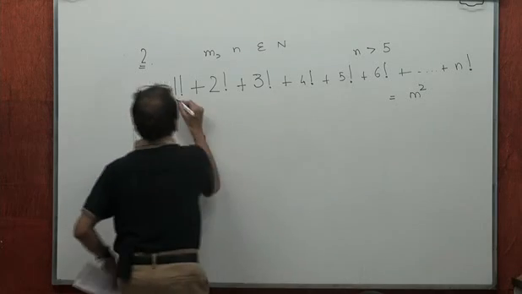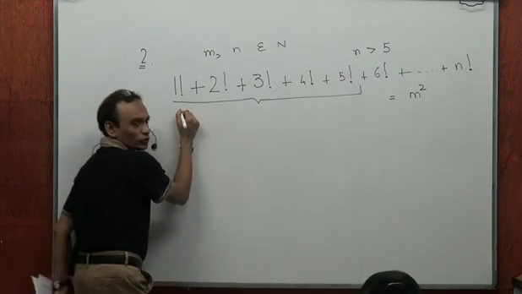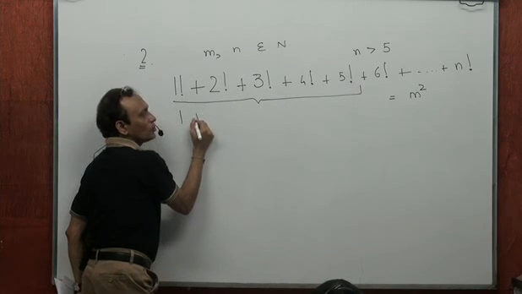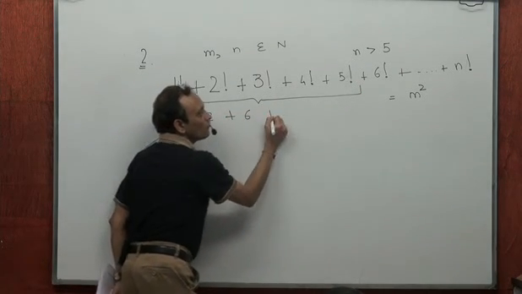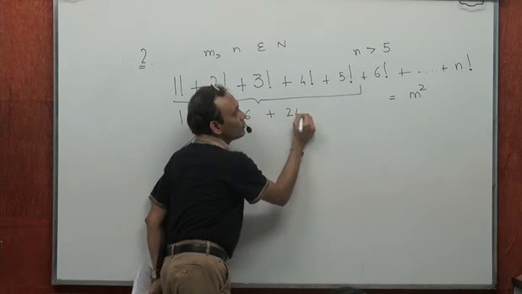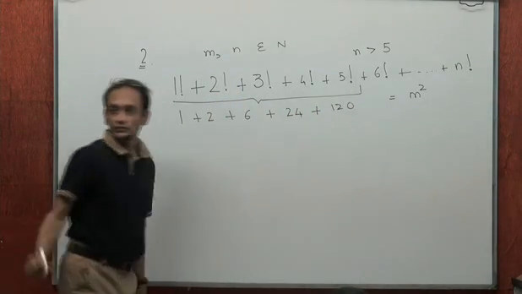So if that is guaranteed, let me see what this sum turns out to be. 1 factorial is 1, 2 factorial is 2, 3 factorial is 6, 4 factorial is 24, 5 factorial is 120, this much for sure. Yes or no?